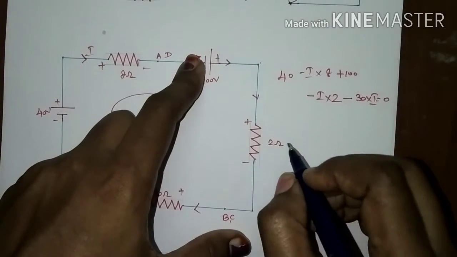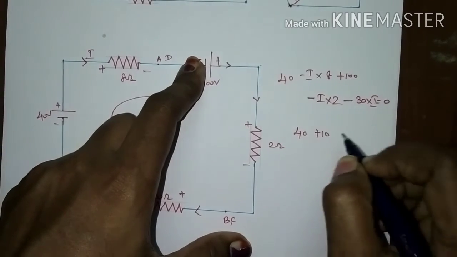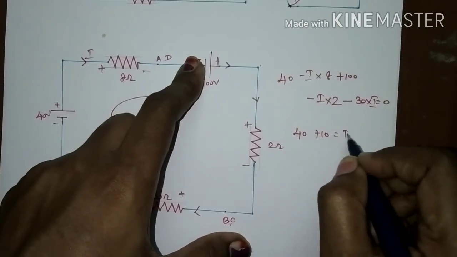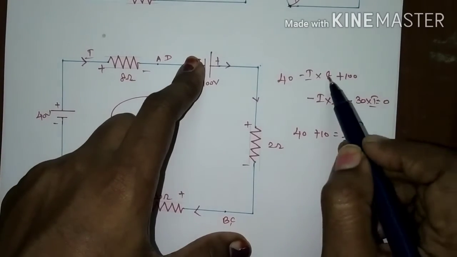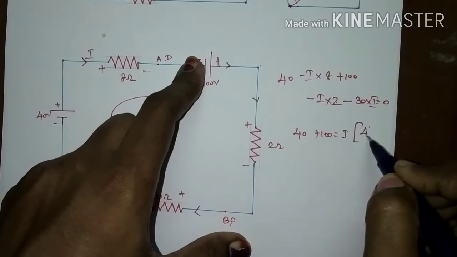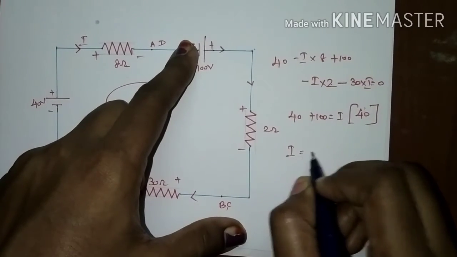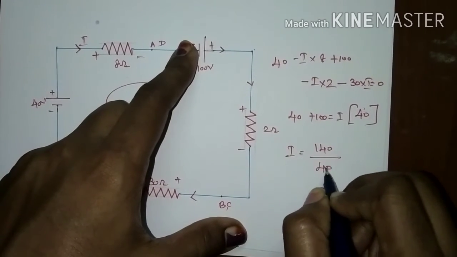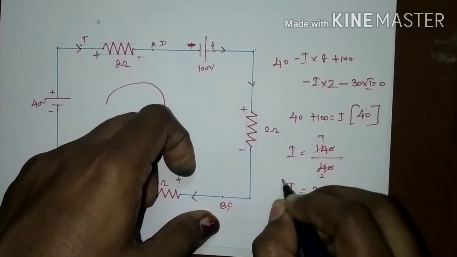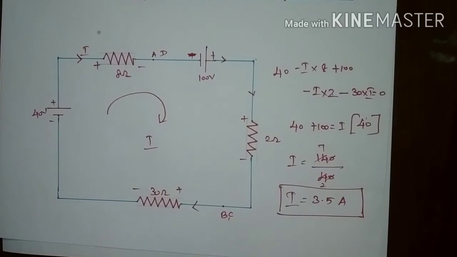So 40 plus 100, taking the drops to the left side, I times (8 plus 2 plus 30), which is I into 40. So I is equal to 140 divided by 40. The value of current I is 3.5 ampere.